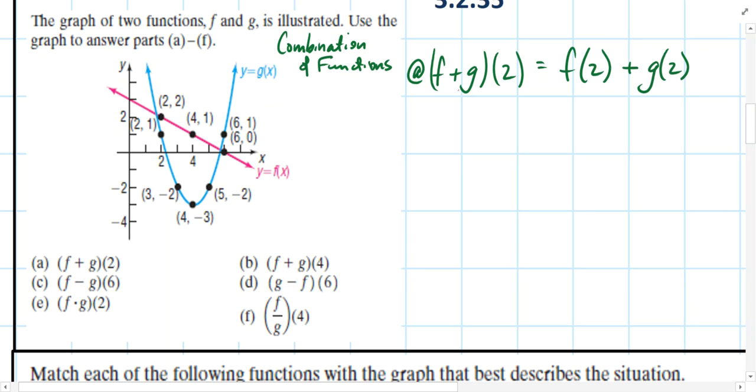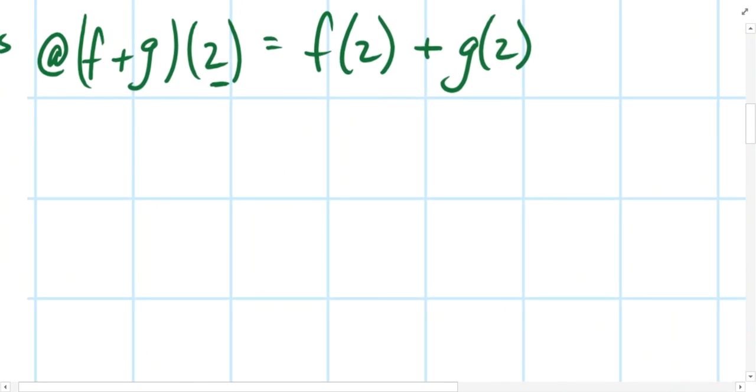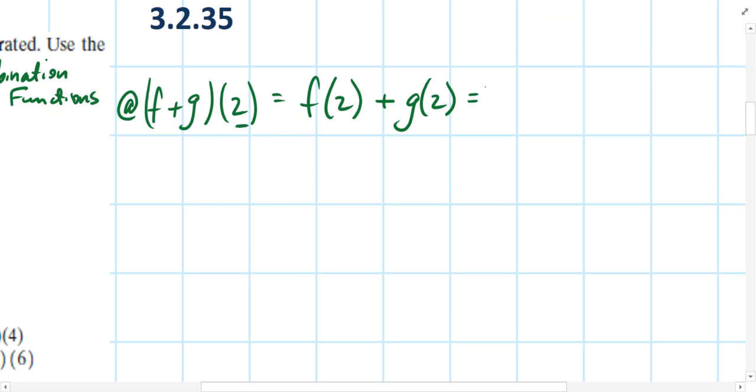Well, as it turns out, this notation is expressing exactly this. Evaluate f at 2 and g at 2, and then sum them together. That's what's happening here. F plus g, both the function f and the function g evaluated at 2, and the results should be added together.